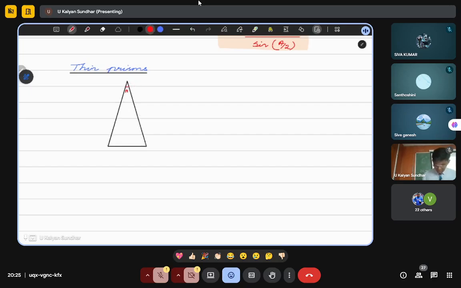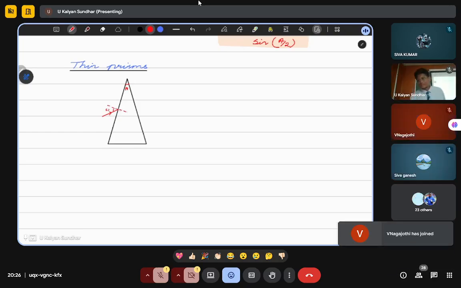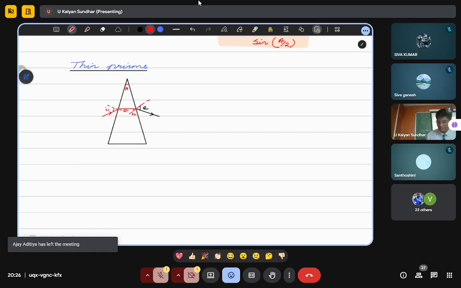So this is the angle of incidence I1, refracting R1, R2, emergent, and this is your E1.